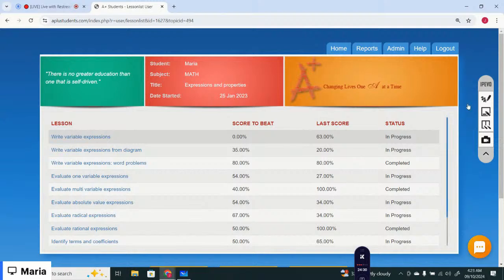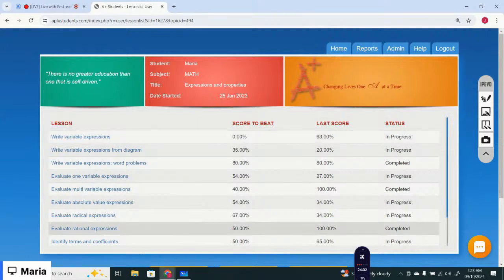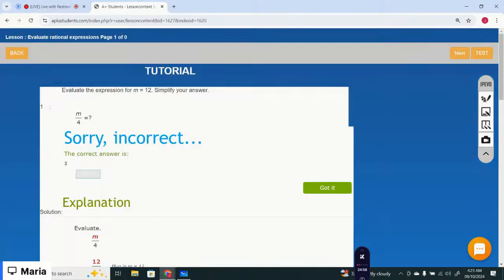The next lesson is evaluate rational expressions. Evaluate the expression for m equals 12.